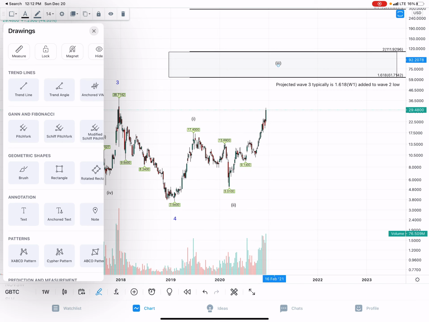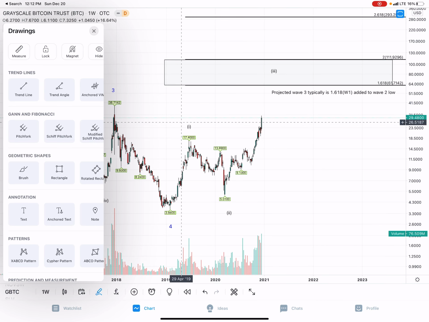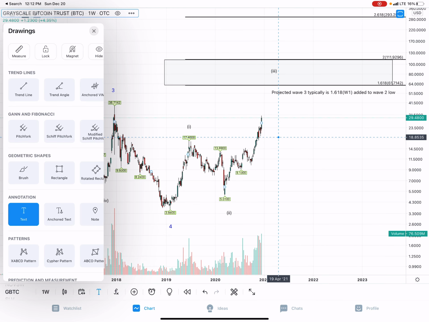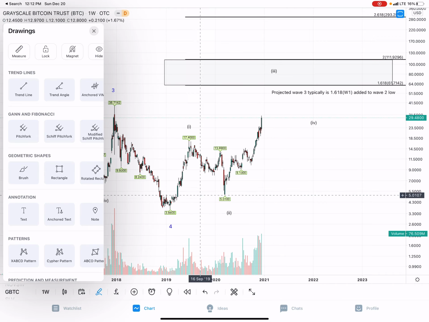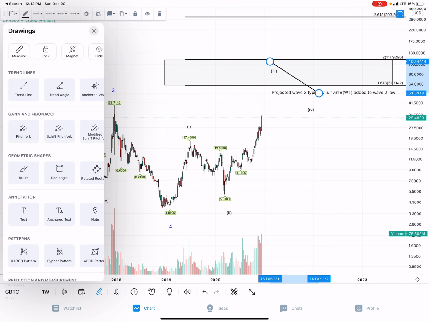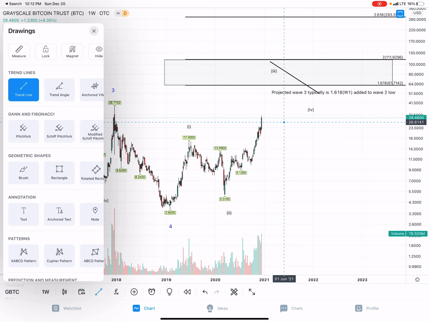So the idea is that we would get a move, we get a 1-2, wave 3 up here, and then you get a wave 4 pullback. This wave 2 here was obviously pretty sharp and steep, so wave 4 could turn into a triangle. We don't know. It could be a triangle, could be a flat.